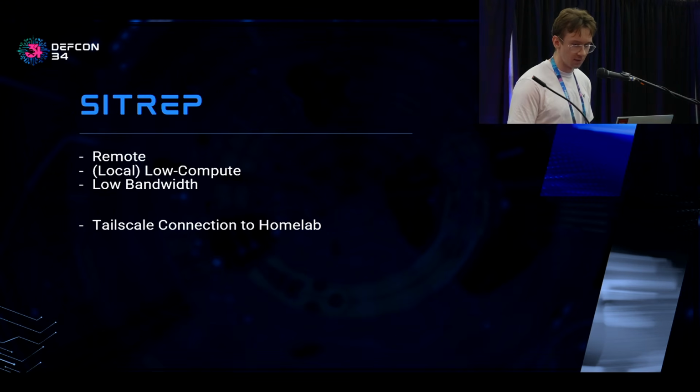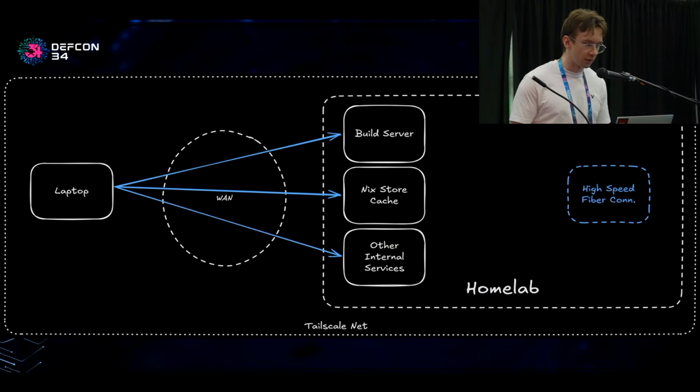So what the network looked like is I've got my connection from my laptop, and over WAN, I'm accessing my home lab and my internal services. I've got a build server, and a Nix store cache through Harmonia or some other similar service.